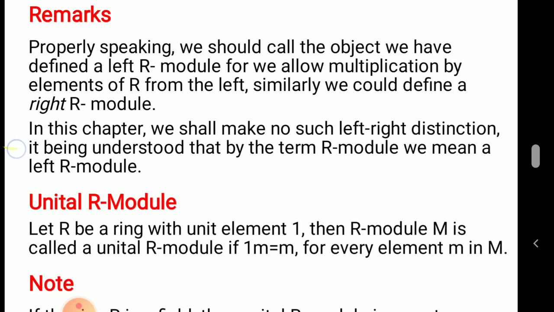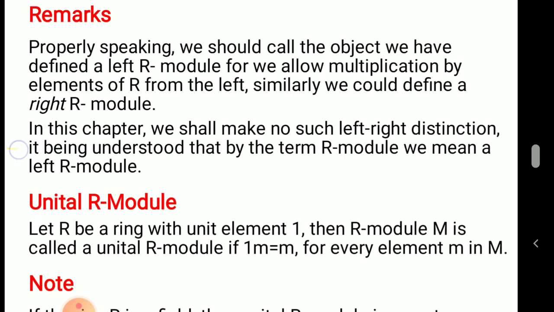Similarly, we could define a right R module, that means multiplying the elements of ring R on the right side. In this chapter, we shall consider only left modules, and therefore instead of saying left module or right module, we only say R module. Once we say R module, no doubt it is a left R module.